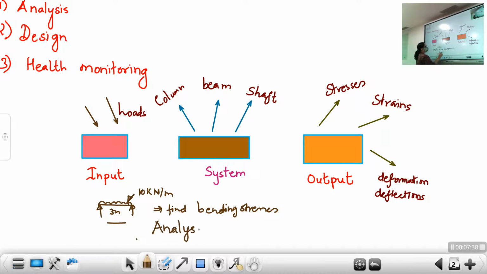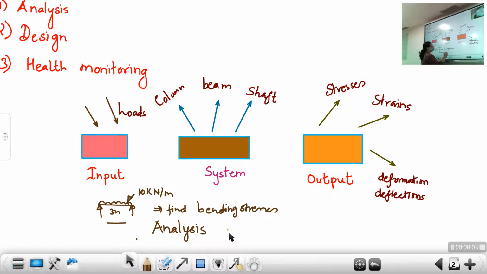So what happens in an analysis problem? The system is known to you, the loadings are known to you, you have to just find the outputs. Can anyone tell me, will the output change or will it be the same? It will be the same.